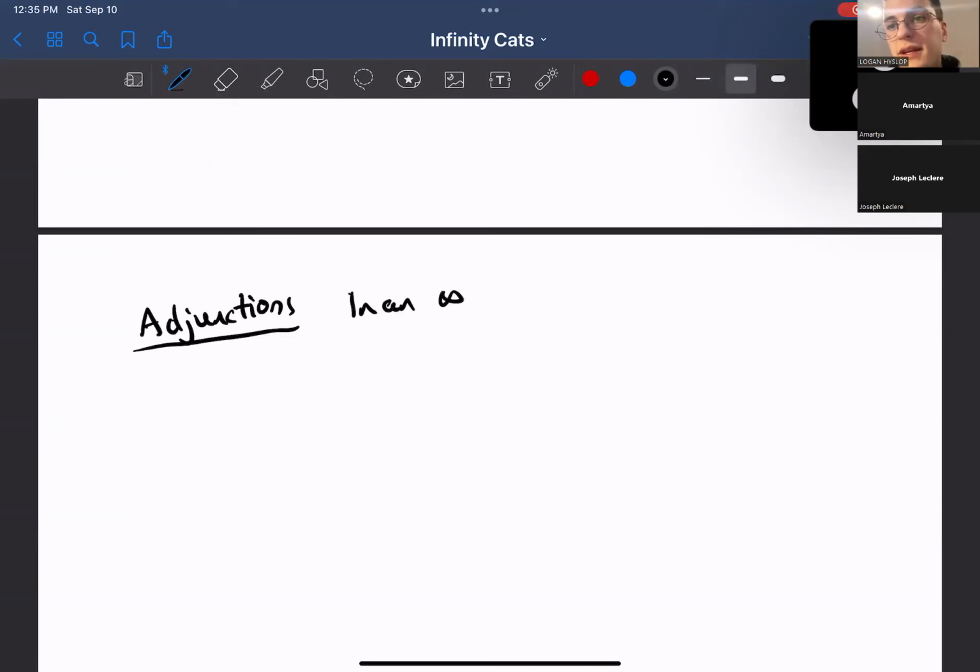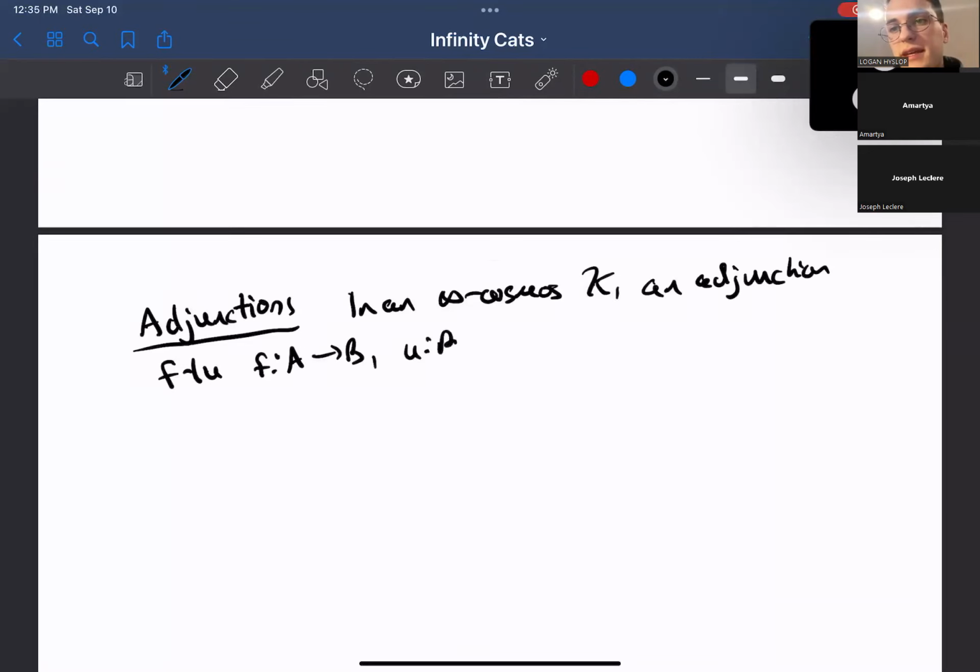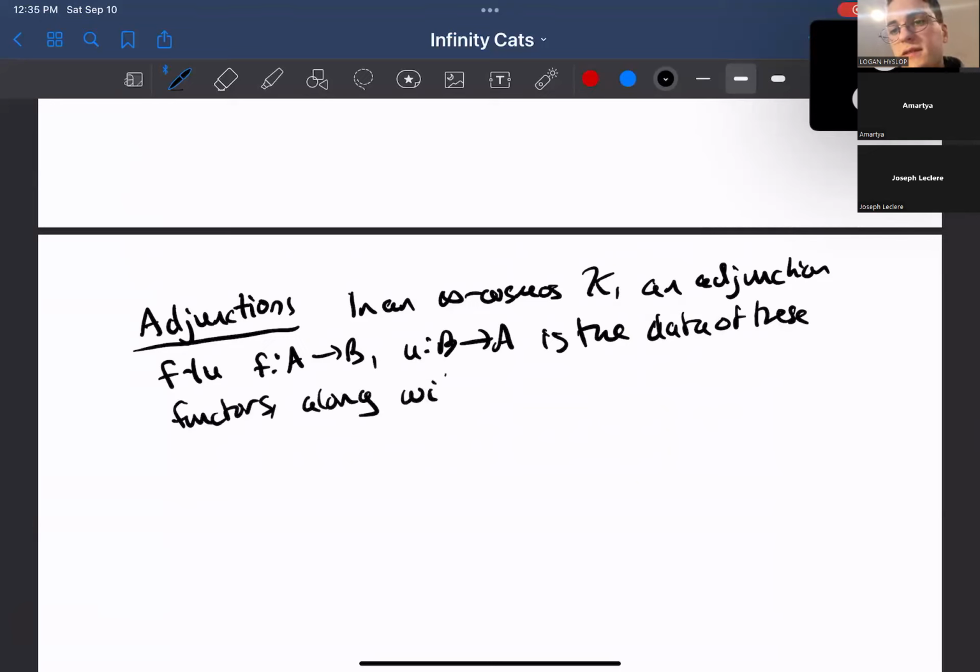In an infinity cosmos K, an adjunction, F is left adjoint to U, where F maps A to B and U maps B to A, is the data of these two functors, along with natural transformations in the homotopy 2-category.